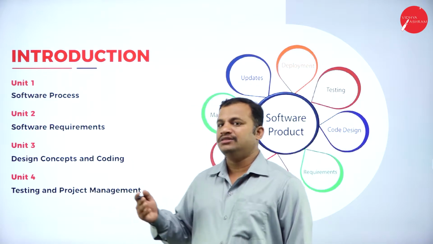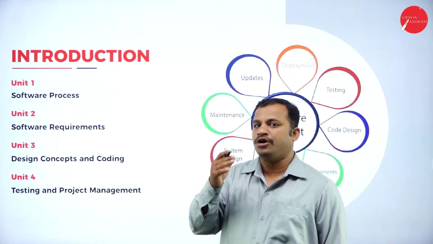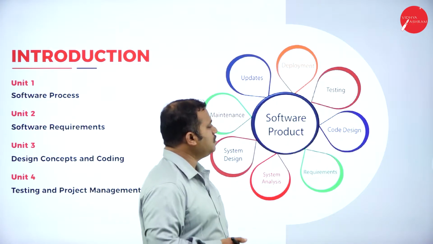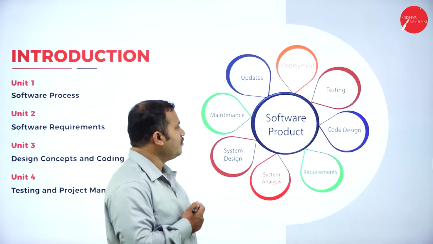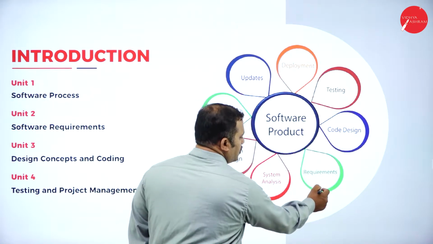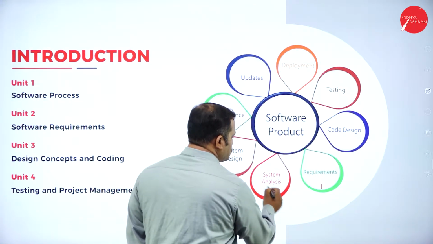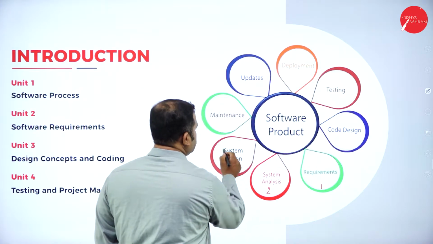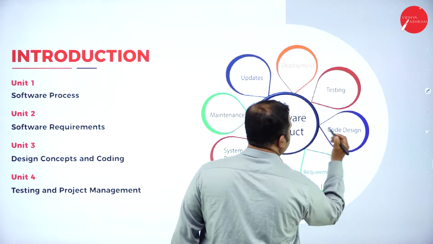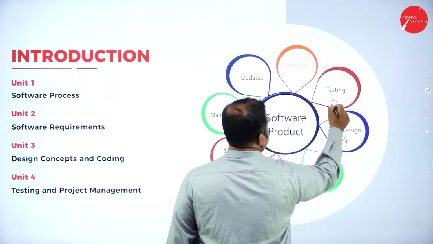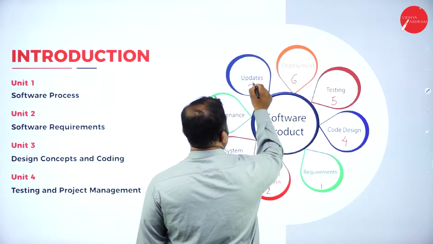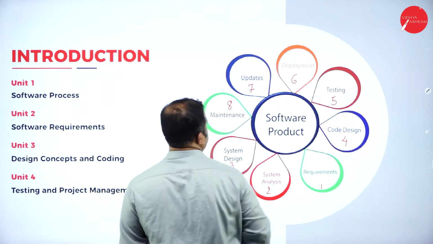So let us take a brief description of the software process which you will come across in Unit 1. If you look at this diagram, you will clearly understand that a software product consists of these many phases. Starting from requirements, that is 1, then system analysis 2, system design 3, then 4, code design, and the 5th one, testing, 6th one, deployment, 7th one, updates, 8th one, maintenance.